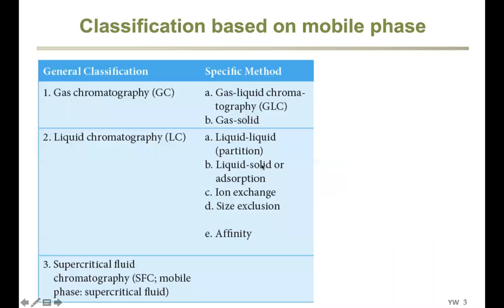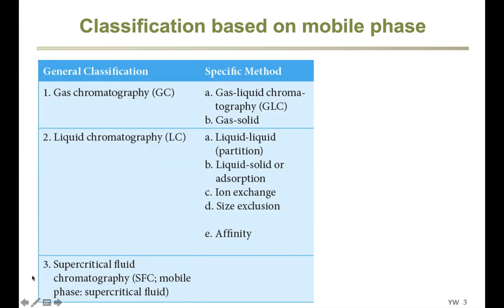Okay, so first of all, if we classify the different chromatography techniques based on the mobile phase, we can have gas chromatography or GC, or liquid chromatography, LC. And you're probably familiar with the term HPLC, which is high performance liquid chromatography.